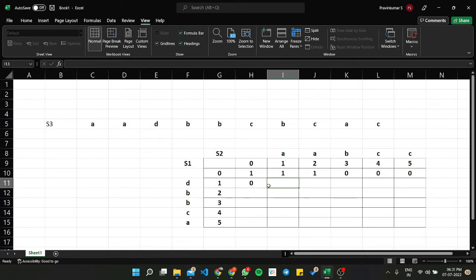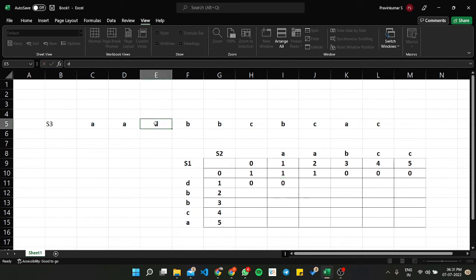The previous condition, without this, is not satisfied, so it is 0. Clearly understand. A is not matched with this. After that again A, this is not matched with this point, so it is also 0.